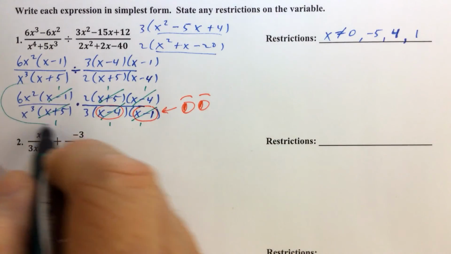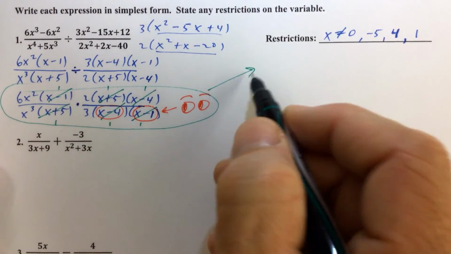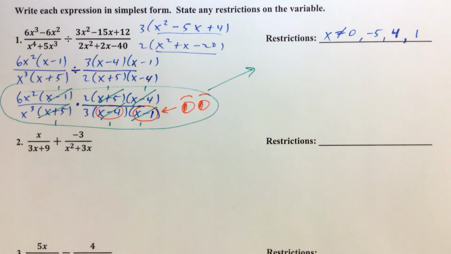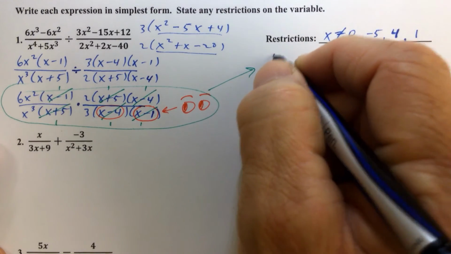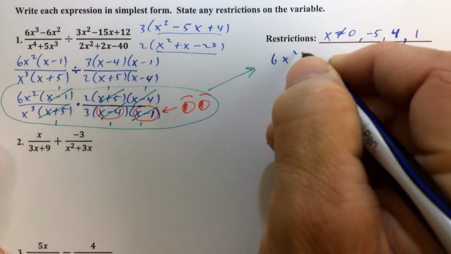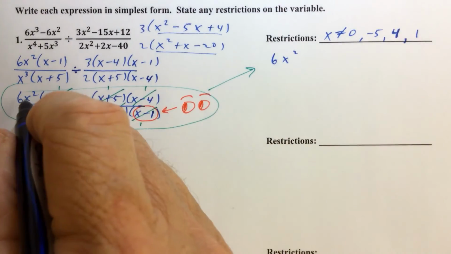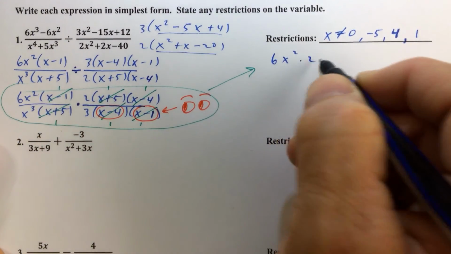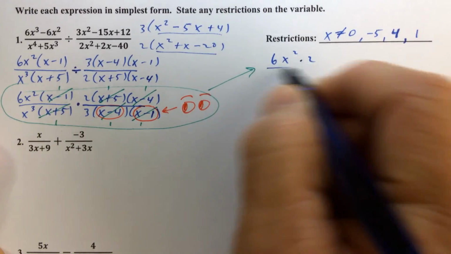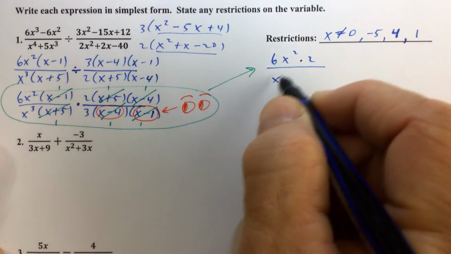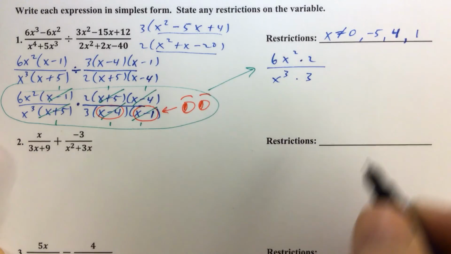We're going to take everything that's remaining and rewrite it so you can see what is going on. We have a 6, we have an x squared, and we also have a 2 right there as well. And then we have an x cubed, and we have a 3.